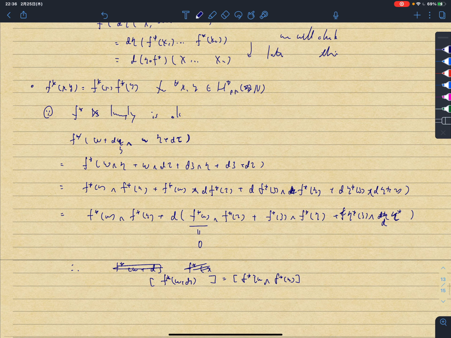This means f star xy equals f star x f star y.